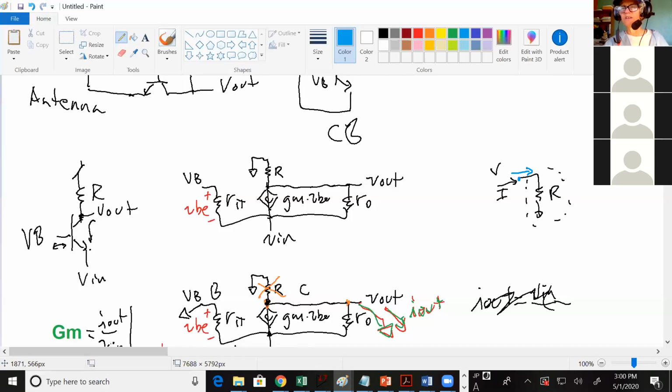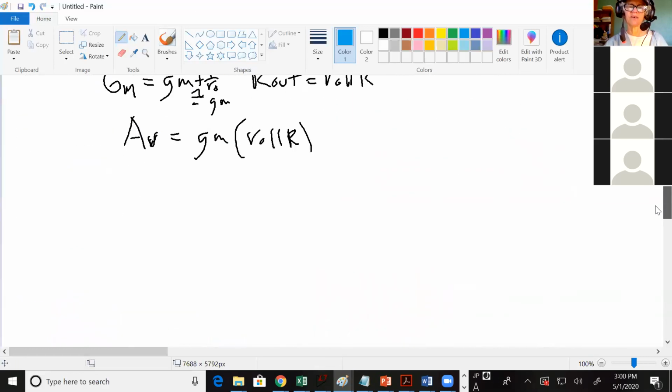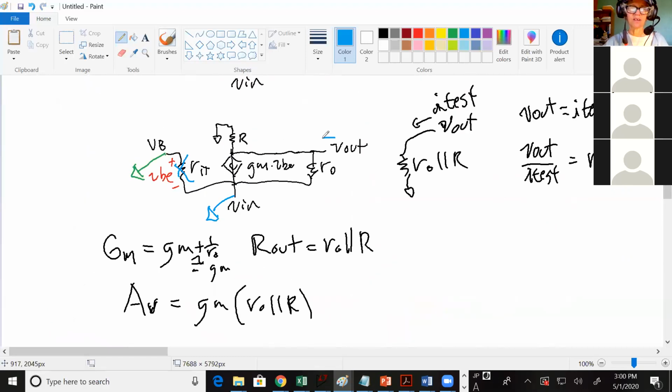So here, when we're trying to find R out, we look at a current going in. Since I out's going the other direction, I just gave it a different name. It's just minus I out, though. Right.